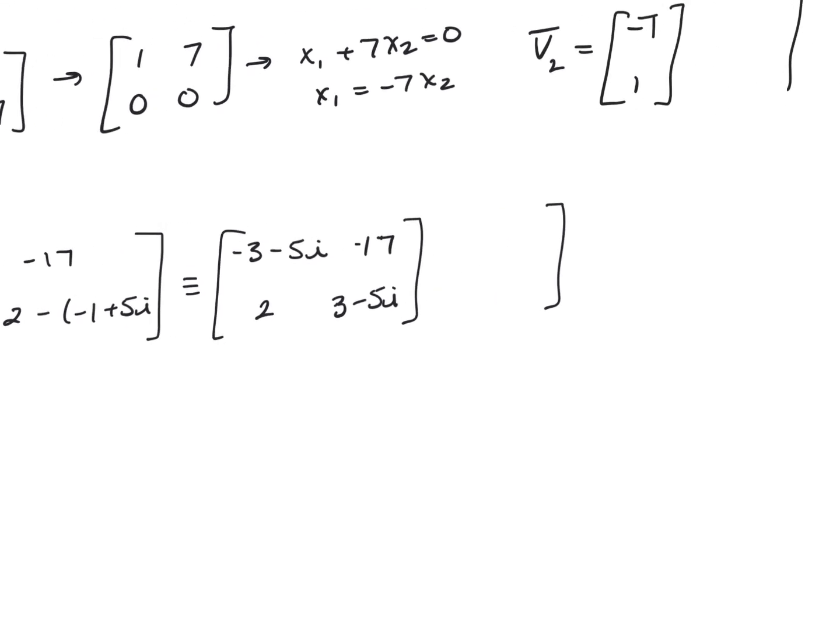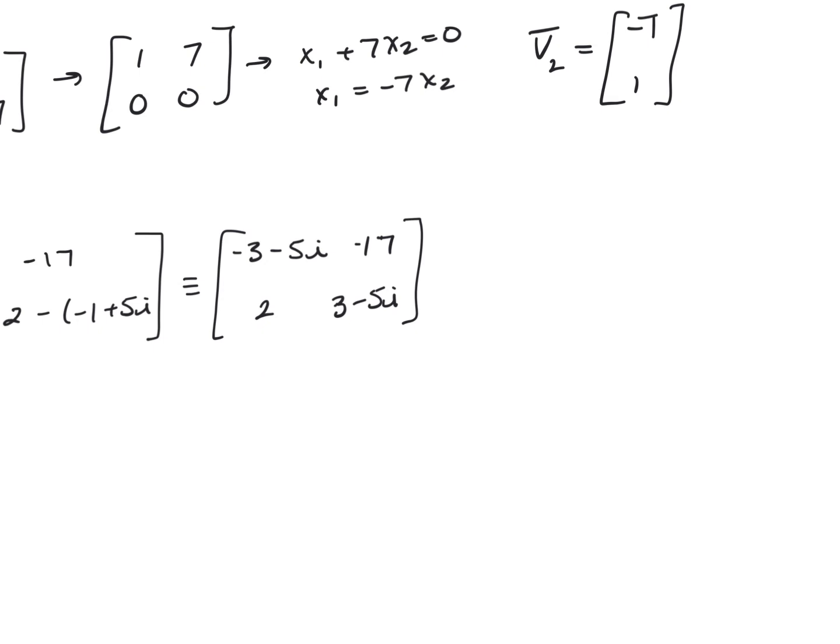Now, my goal is to get 0 here. So if we multiply this row by the conjugate, well, actually, we'll multiply it by this, and then we multiply the first row by 2.